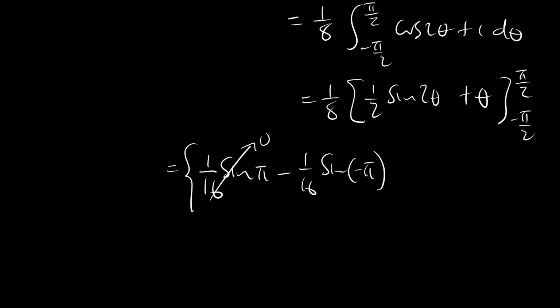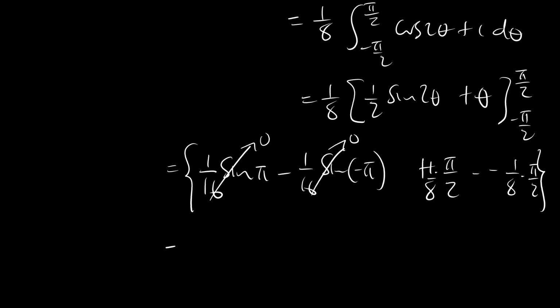Both of these go to 0, and then we have pi over 2 times 1/8 here, minus negative 1/8 times pi over 2.